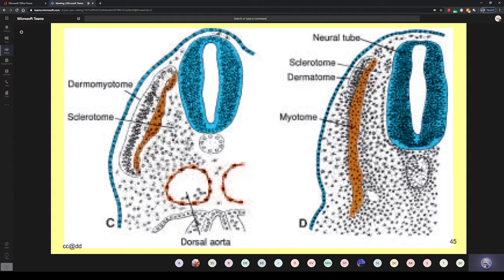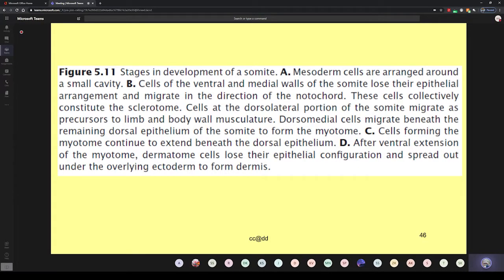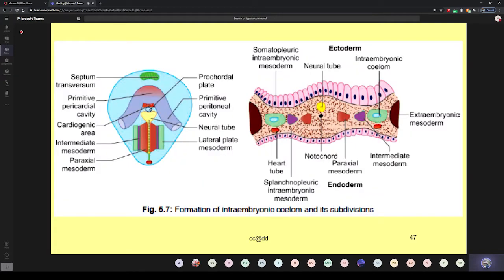Initially, it's a dermomyotome together. And on your right hand side, you see the myotome is separated from the dermatome.